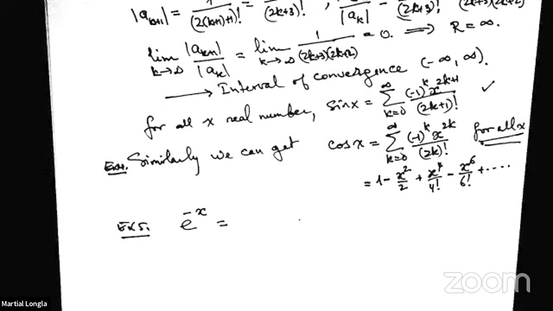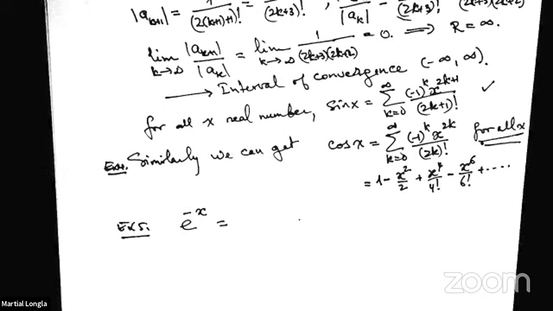They're reciprocals. Apart from that, how do we obtain e to the minus x from the function e to the x? Replace x by minus x.